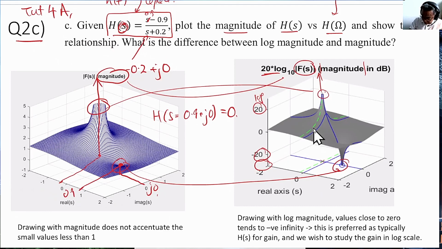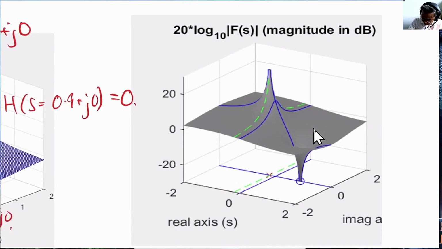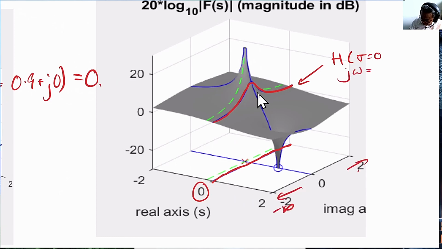Now, where is sigma equals 0? It is along this blue line here. Let us plot the surface along this blue line. It is this red line over here now. This red line that we are seeing is actually h of sigma equals 0, j omega, from minus infinity to infinity.